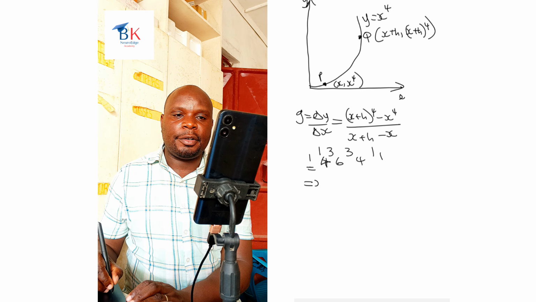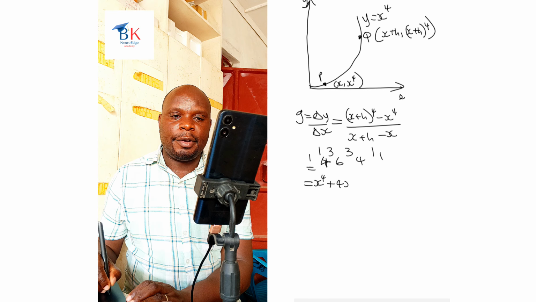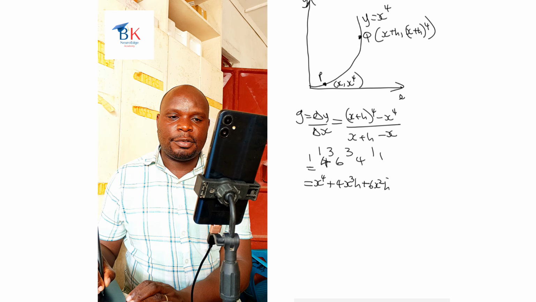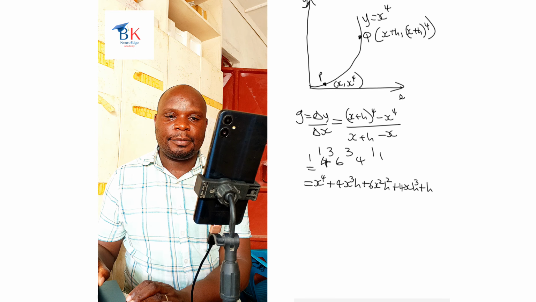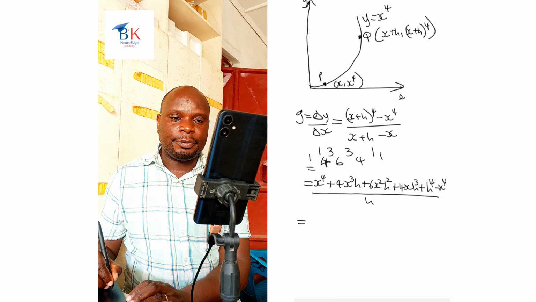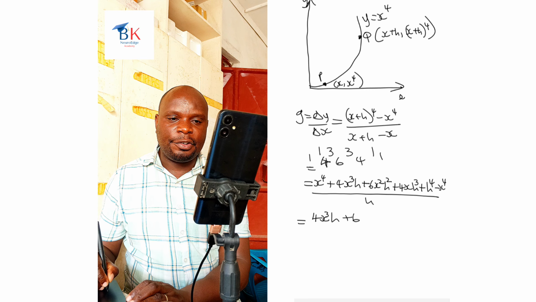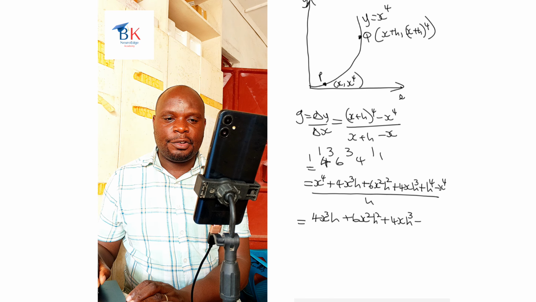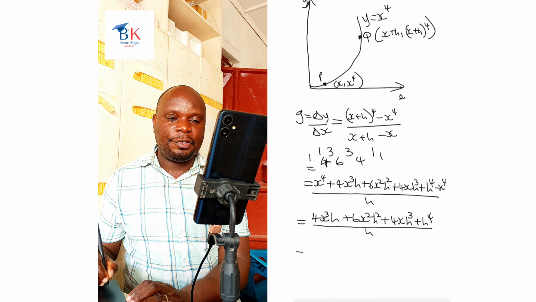So it will be x power 4 plus 4x power 3 h plus 6x squared h squared plus 4xh cubed plus h power 4 minus x power 4, divided by h. x power 4 minus x power 4 is 0, so 4x cubed h plus 6x squared h squared plus 4xh cubed plus h power 4 divided by h.